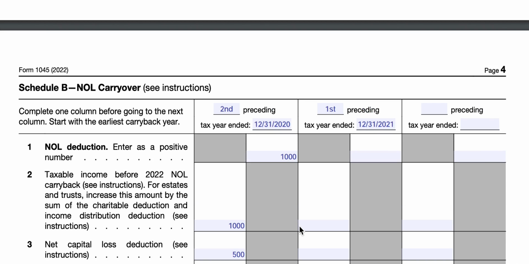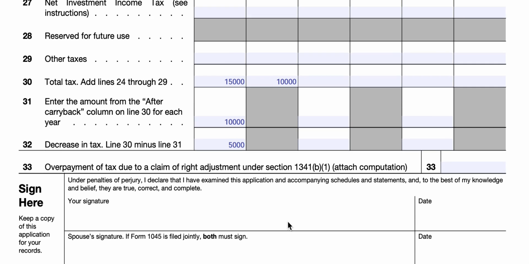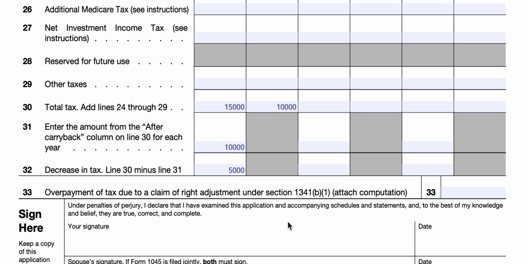So if you're a do-it-yourselfer, I strongly advise that if this tax situation applies to you, you seek out the assistance of a tax professional, because this can be complicated. Again, going through the form itself is not the complicated part.